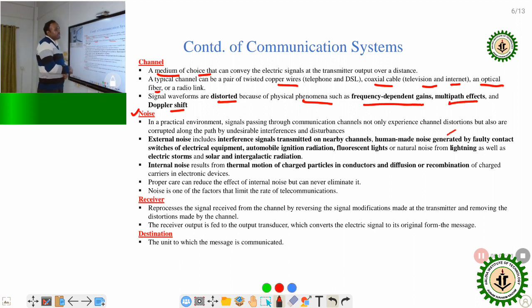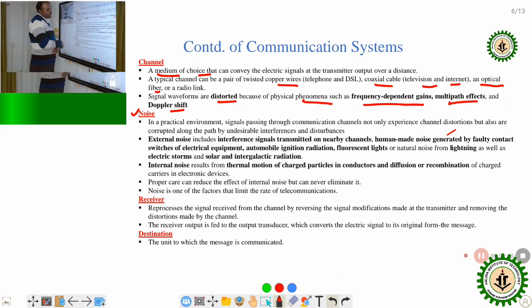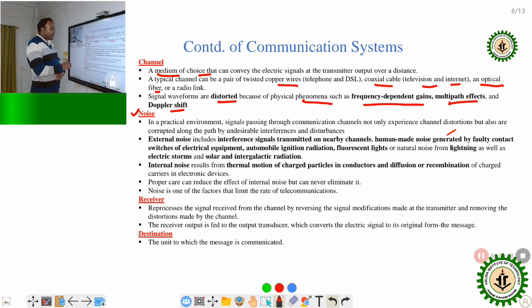These are basically characteristics of the channel. Because of that, your information can be distorted, but that can be rectified at the receiver end. But noise cannot be eliminated properly. It can be reduced, but it cannot be eliminated. Because of this noise, the rate of communications would be degraded.